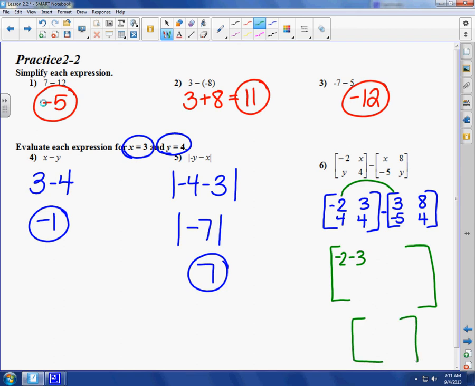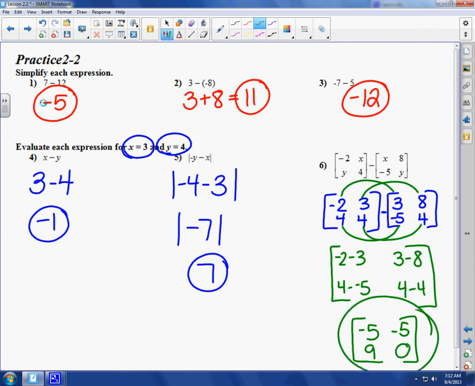So then, that answer, negative 2 minus 3 is negative 5. That's my answer. Now I'm going to do 3 minus 8 for this corner. 3 minus 8 is negative 5 also. Then I'm going to do 4 minus negative 5, which is 4 plus 5, which is 9. And then 4 minus 4, which is 0. So there is your answer for your matrix.